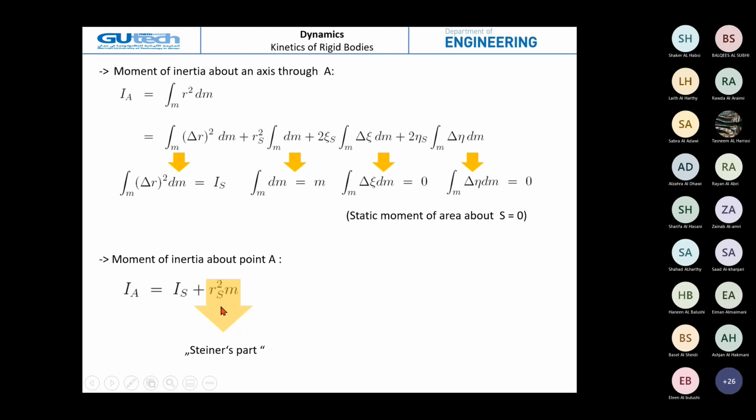We will know the mass, and Rs is only the distance between this arbitrary point and the center weight. And we will always use this equation.